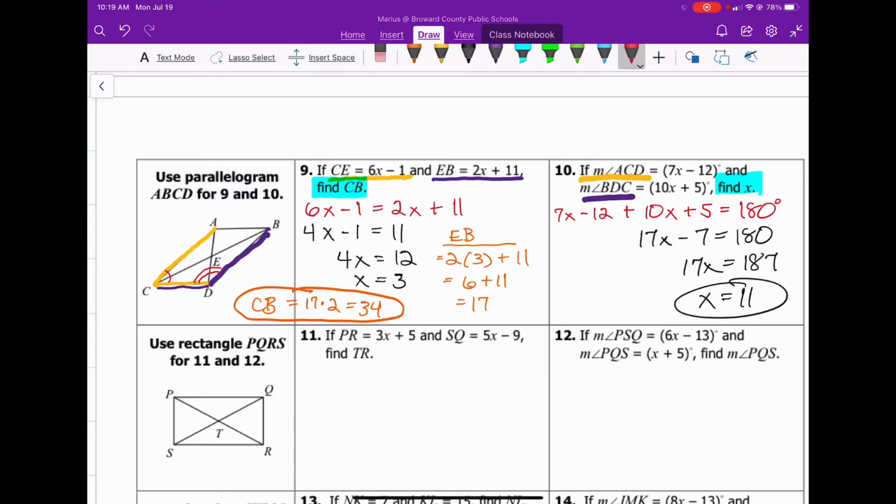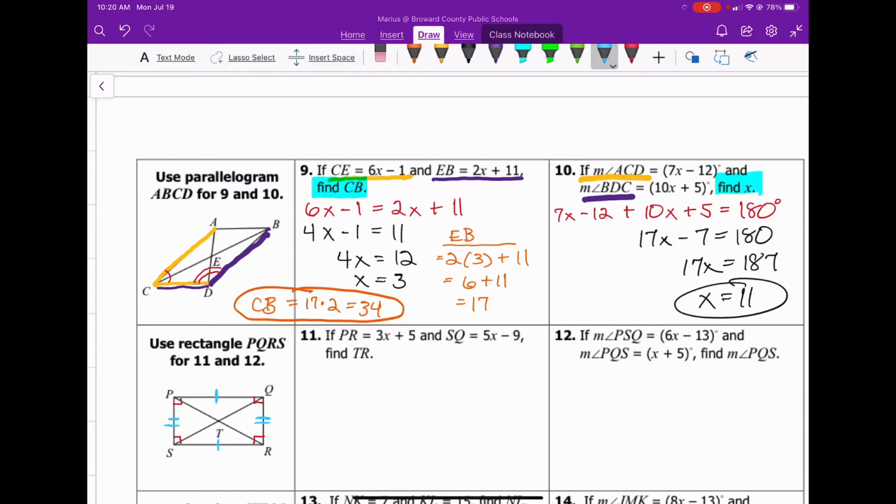First and foremost, we'll start with the fact that the rectangle has four right angles. So P, Q, R, and S are all right angles. Another thing we can say is that the opposite sides, PQ is congruent to SR, and PS is congruent to QR.